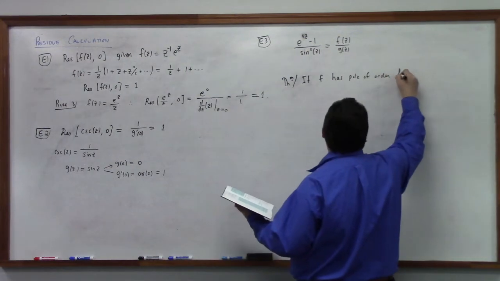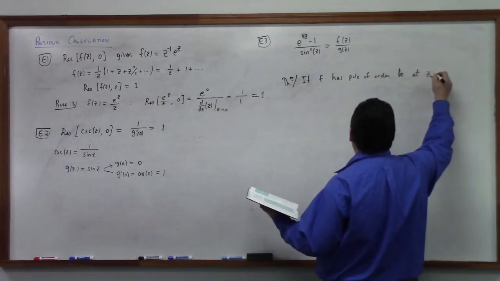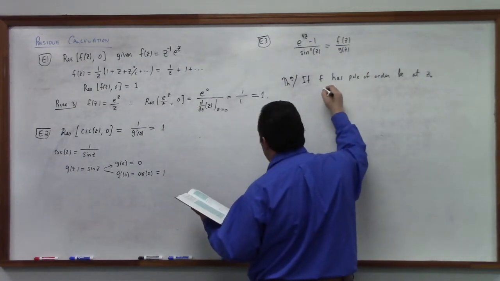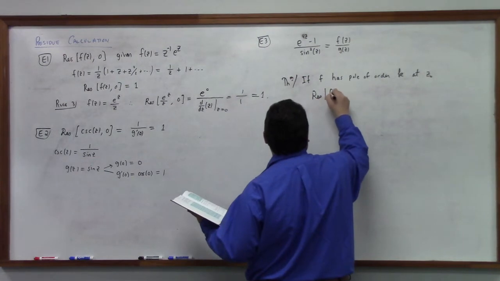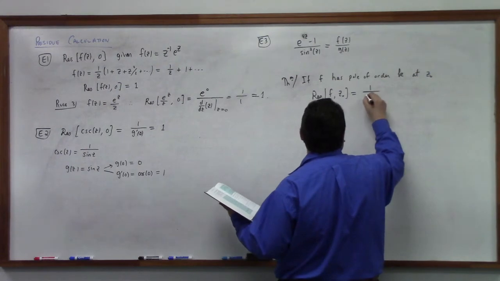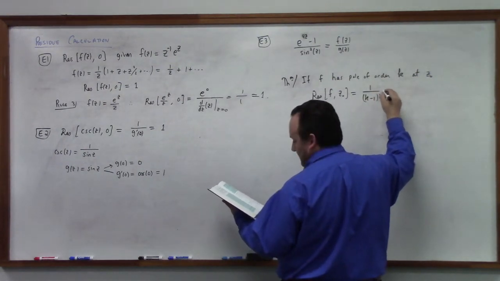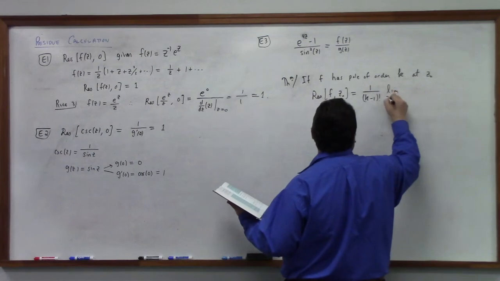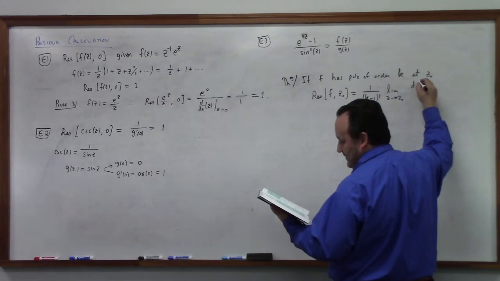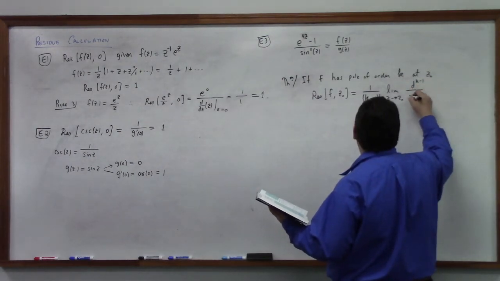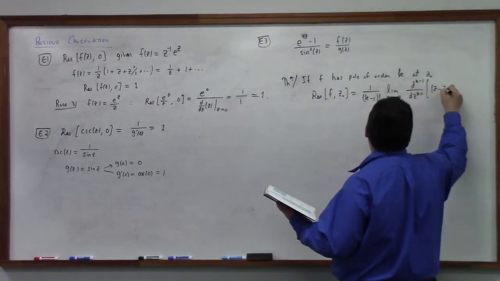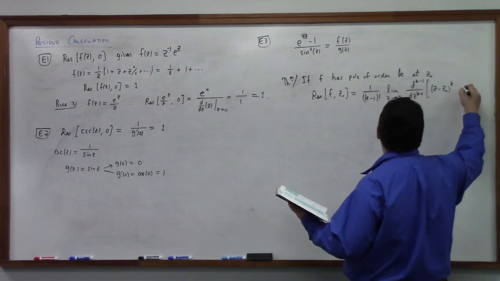If f has a pole of order k at z naught, then the residue of f at z naught is equal to 1 over k minus 1 factorial, times the limit as z goes to z naught of the k minus 1th derivative of z minus z naught to the k times f of z.